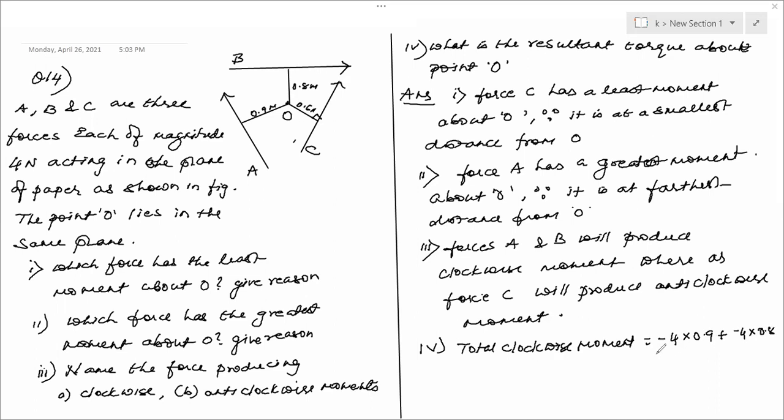So what will happen? Minus 3.6 minus 3.2. So it is becoming minus 6.8 Newton meter.